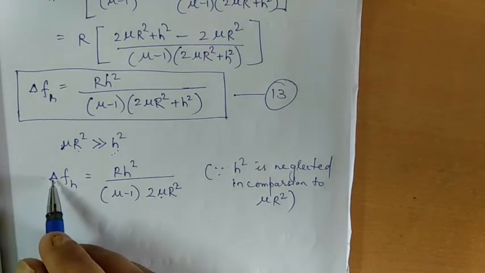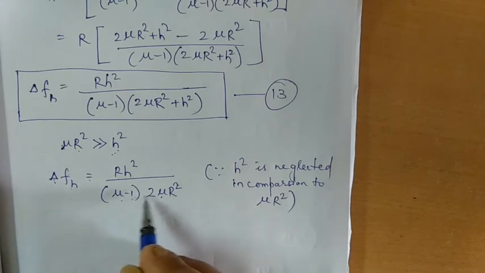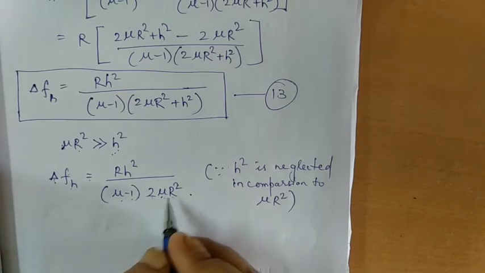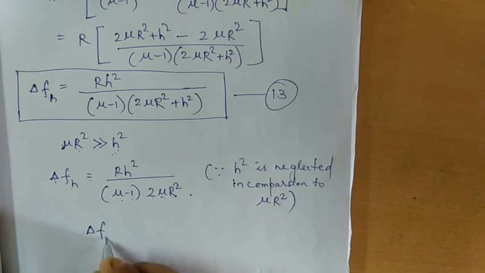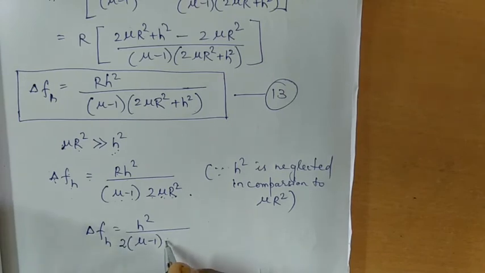So you got an equation that is del f_h is equal to r h square divided by (mu minus 1) into 2 mu r square. Here the r term can be cancelled, so again del f_h is equal to h square divided by (mu minus 1) into 2 mu r.